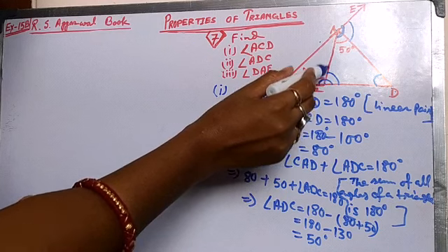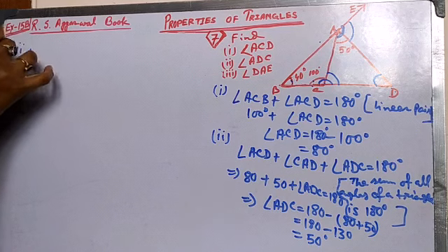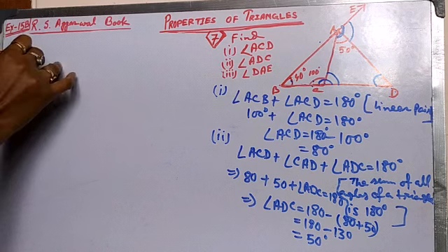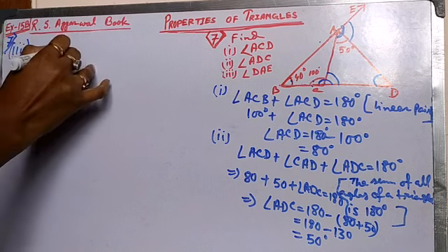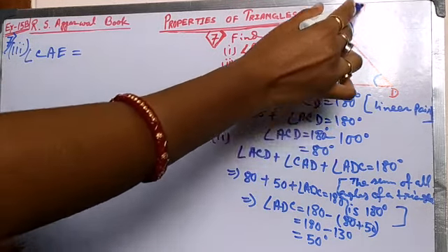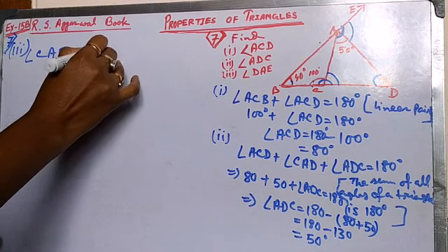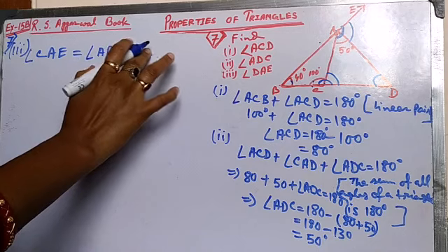So let's find out CAE angle. This is question number 3. Angle CAE equal to angle ABC plus angle ACB.